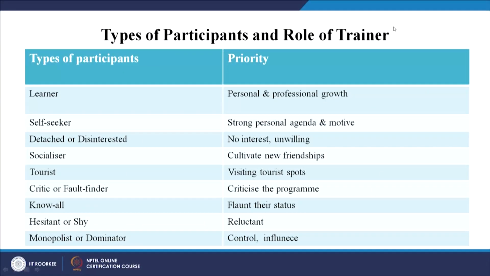Third will be the detached or disinterested. As I mentioned, they are forcefully sent, and they find that oh, this is not relevant, and anyhow they are not able to develop interest because of maybe a different agenda or situations. Therefore, no interest and unwillingness will be there.